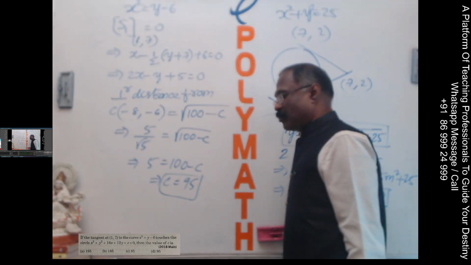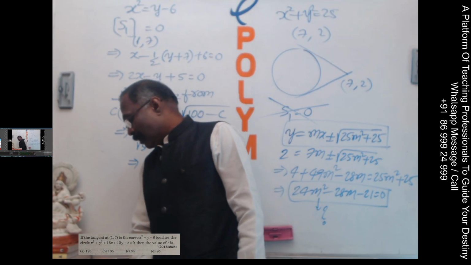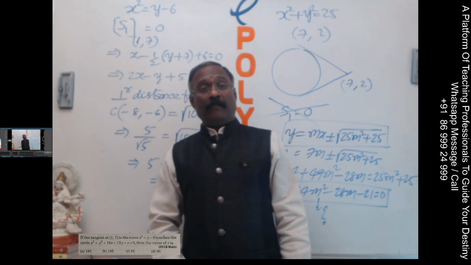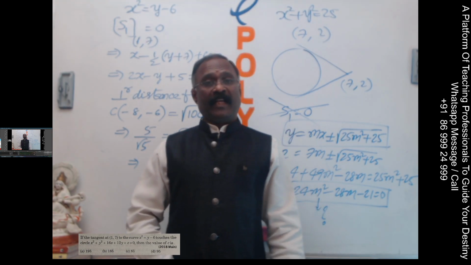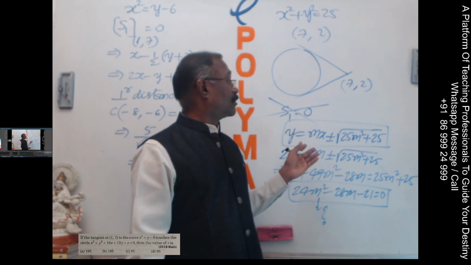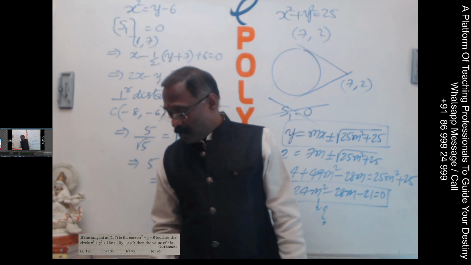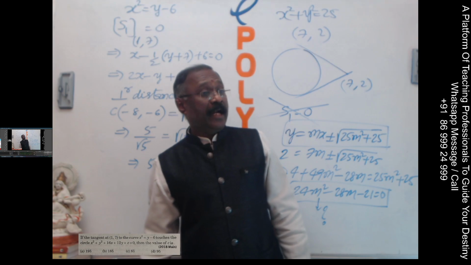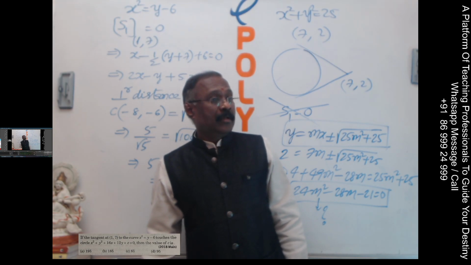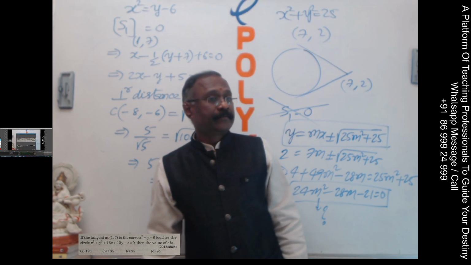Two tangents can be drawn from an external point to a circle, parabola, ellipse, or hyperbola. This is a method I want to insist upon. The usage of S1 equal to 0 may be misunderstood, and that is why I have taken this for revision's sake.